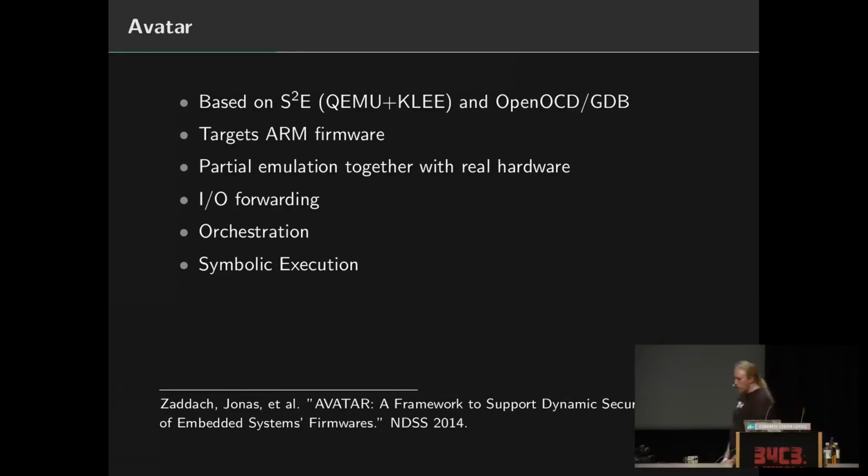Additionally, Avatar provided ways for orchestration, so that you can, for instance, start executing on the device, then transfer the important states, so the important memory layouts and the registers, inside the emulator, and continue execution inside the emulator or inside S2E. This allows you to skip all the initialization functions of a board, which are not interesting for an analysis. Additionally, and quite obviously, as S2E is using KLEE, it also brings symbolic execution and selective symbolic execution for firmware.